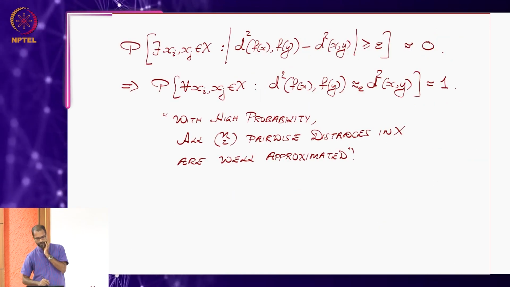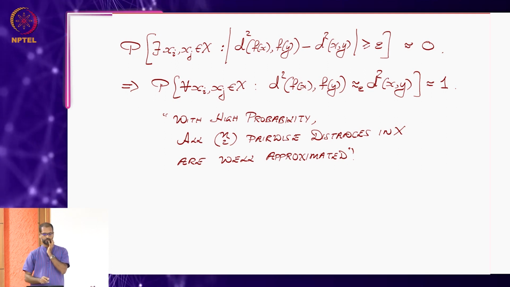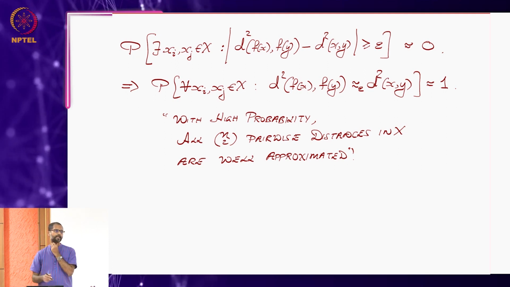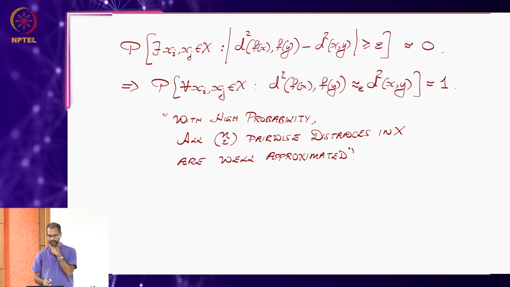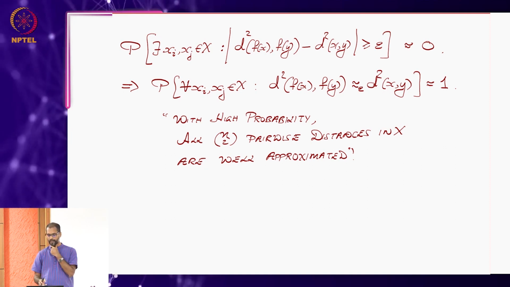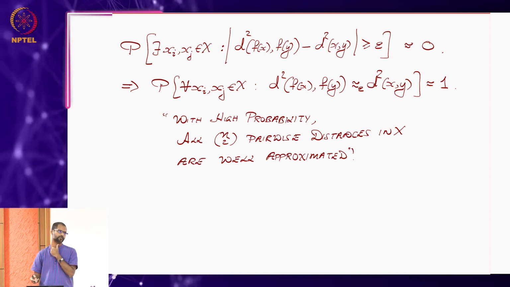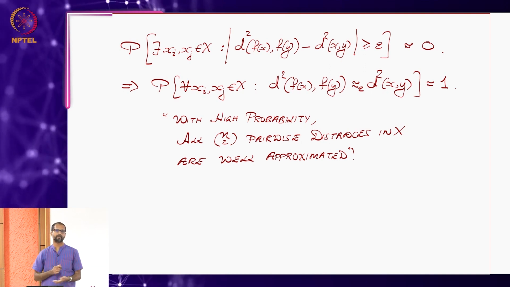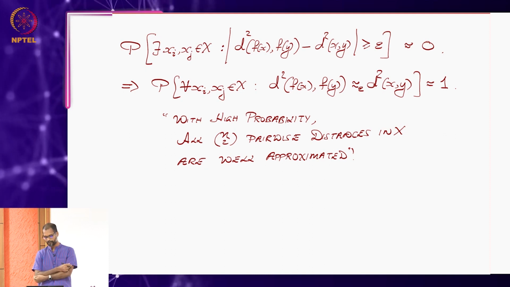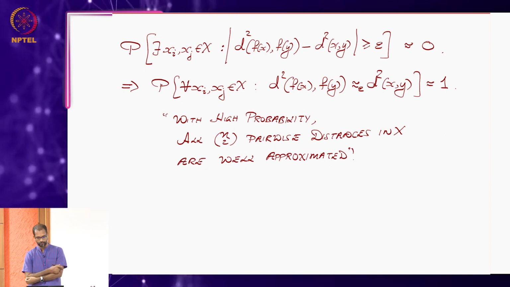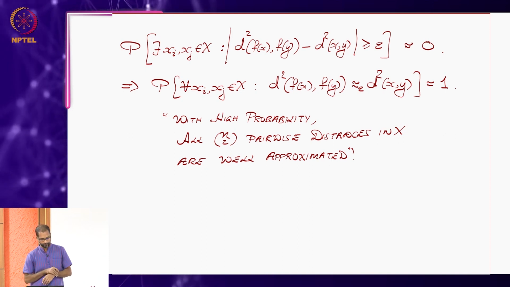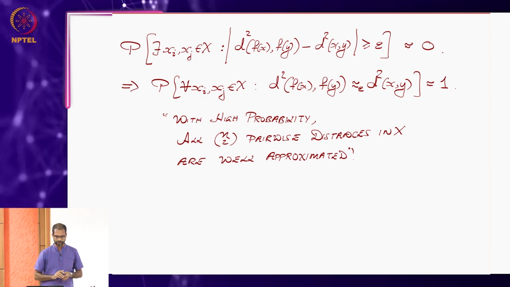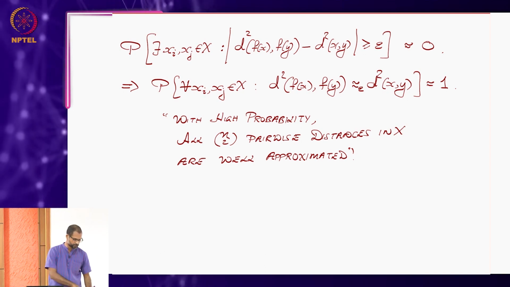So, this is the conclusion. We have shown that the probability that there exists even one pairwise distance which is approximated badly goes down to very close to 0. Hence, with very high probability, all the n choose 2 pairwise distances in X are well approximated.